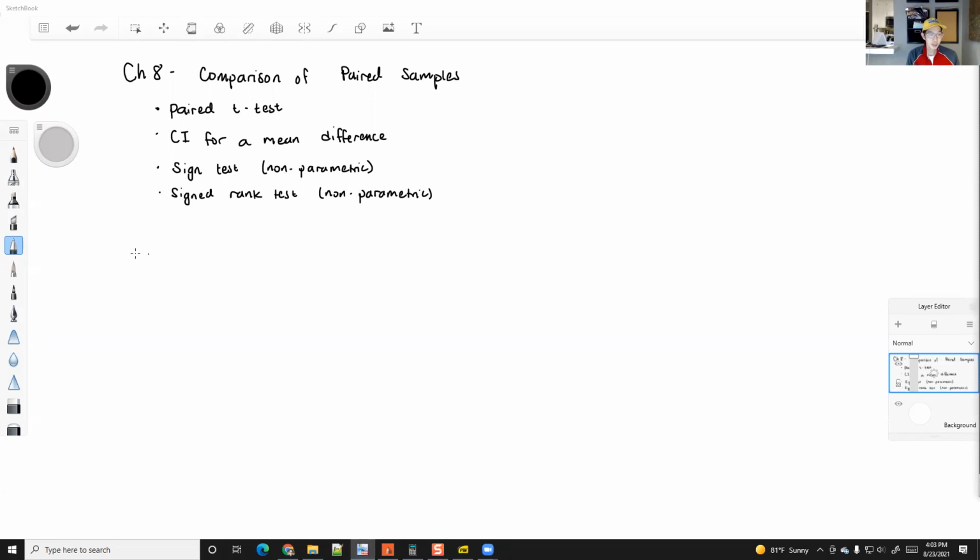All right, and so what separates chapter 8 from, say, chapter 7 is that we are dealing with paired data. And the key here is that, at first it might appear like you have two samples, but the key is that every observation in one sample is paired with an observation in the other sample, okay? So let me just jot that down.